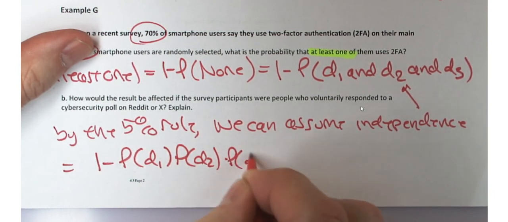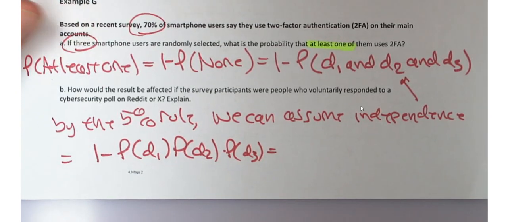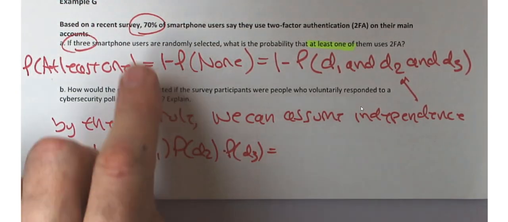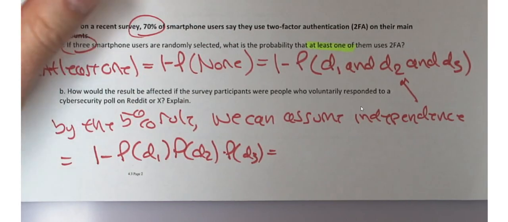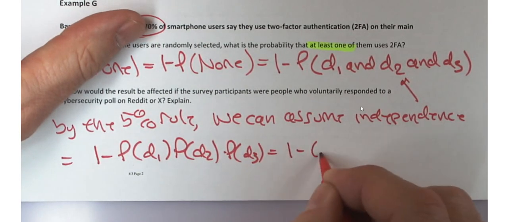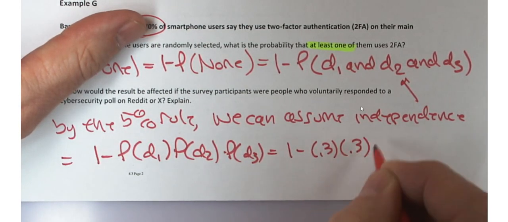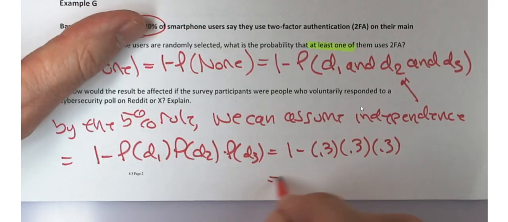There is one more little thing that we're going to have to work around. 70% of users use 2FA. Well, what percent don't use 2FA? 30%. So it's going to be 1 minus 0.3 times 0.3 times 0.3. So 1 minus 0.3 to the third power.